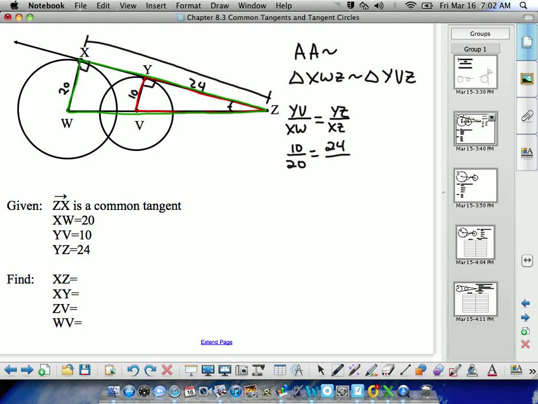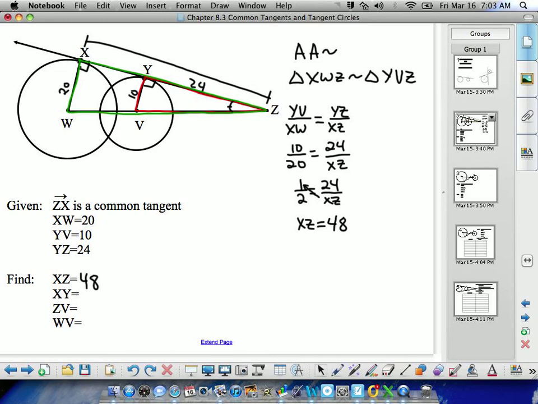Let's solve for XZ. The easiest way to do this would be to find the scale factor for the two similar triangles. If we reduce 10 over 20, we get 1 over 2 equals 24 over XZ. Cross multiply, 1 times XZ would be just the length of XZ, 2 times 24 is equal to 48. So XZ must be 48.